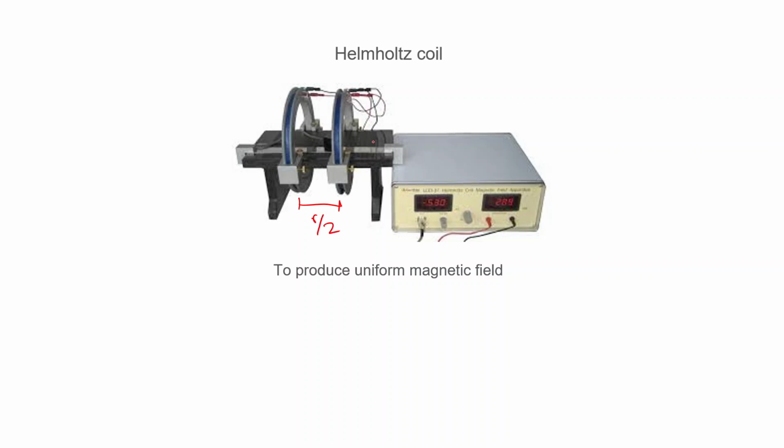They both are of the same radius, and the distance between them is half of their radius. In this situation the nearby region has almost uniform magnetic field. So in the lab, instead of using a permanent magnet, we use a Helmholtz coil to produce uniform magnetic field. So let's see how that happens.